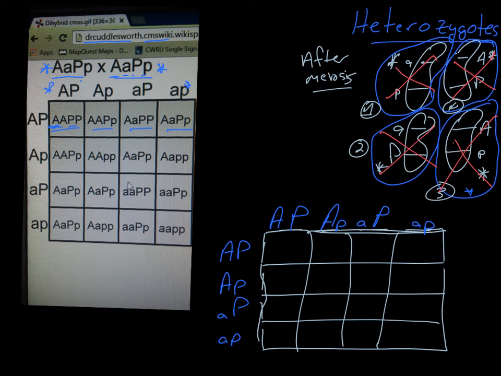Each gene has to have 2 copies, one from mom and one from dad. So if I erase these and make them pink, maybe that'll help you visualize this. One from mom, one from dad.